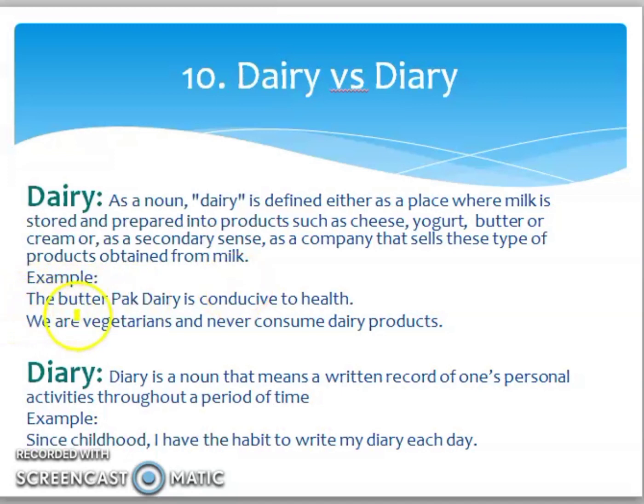Example, the butter pork dairy is conducive to health. We are vegetarians and never consume dairy products.